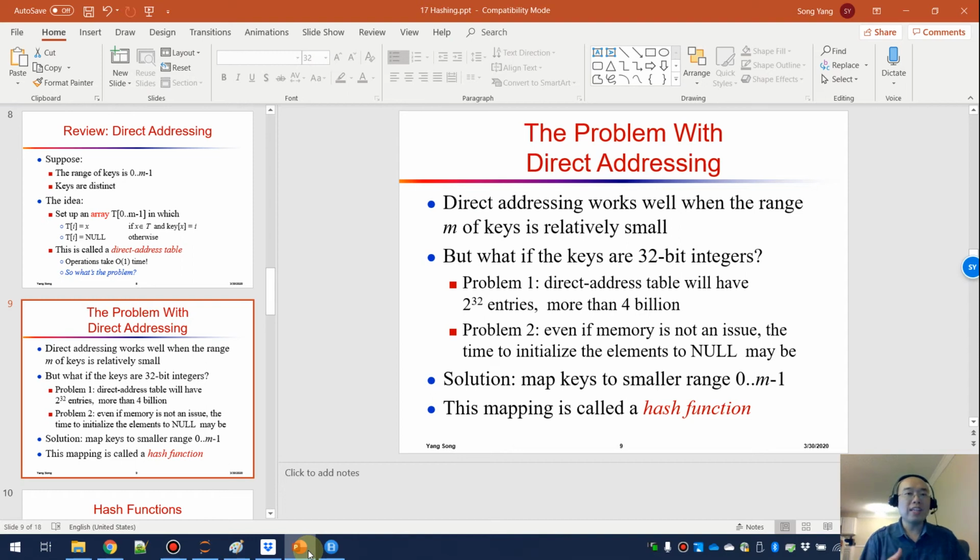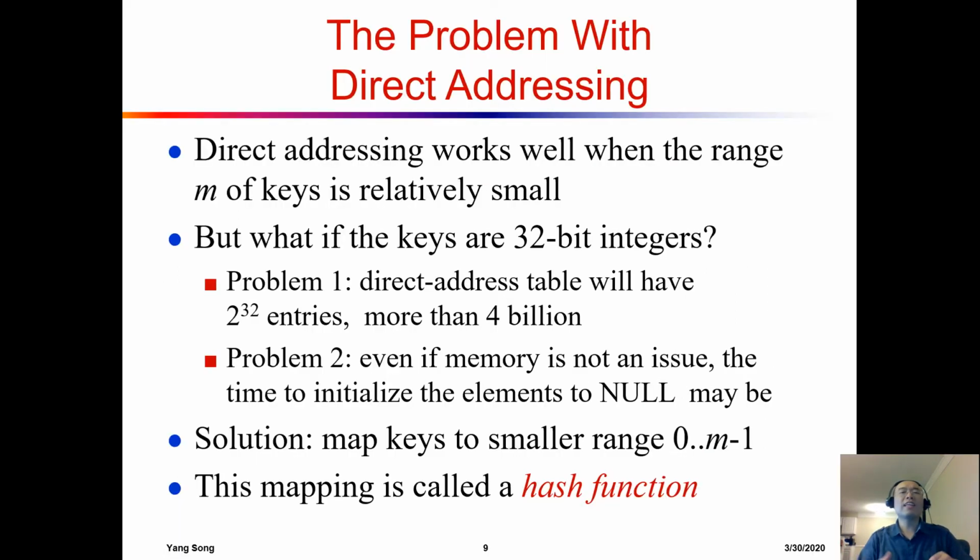Remember, when you initialize such a big table, you have to initialize all the values to be null or none. And in this case, even initializing this kind of table can be a big problem. So how can we do that then? The problem is we are creating a symbol table, and this symbol table is way too big.